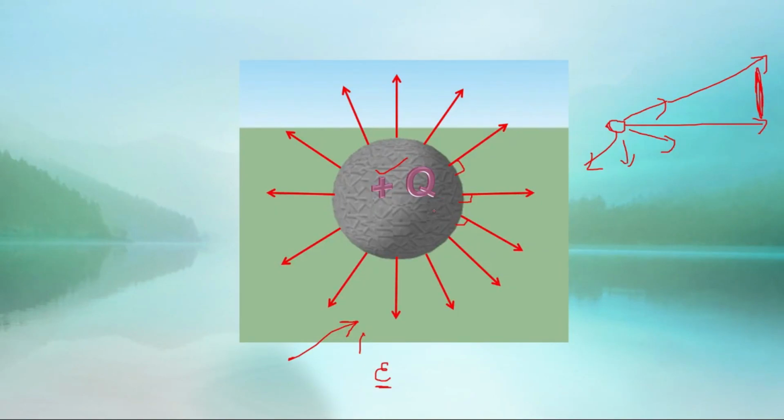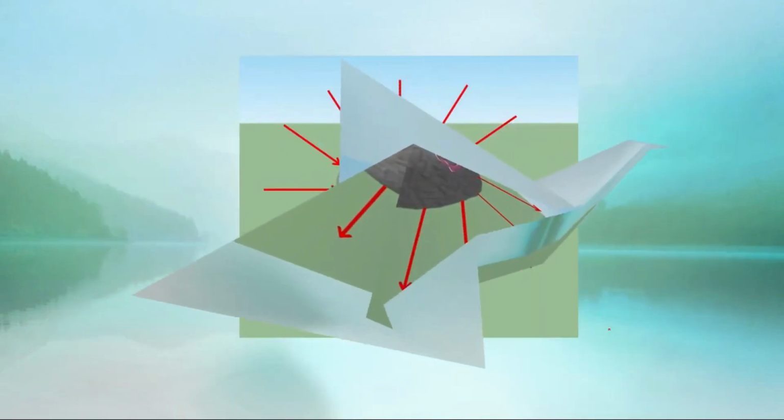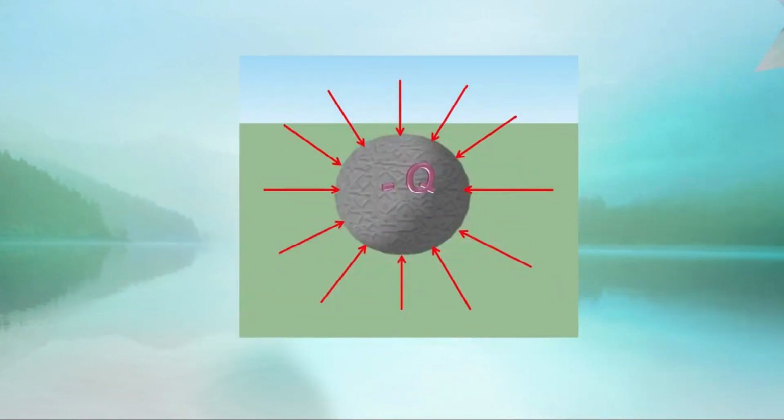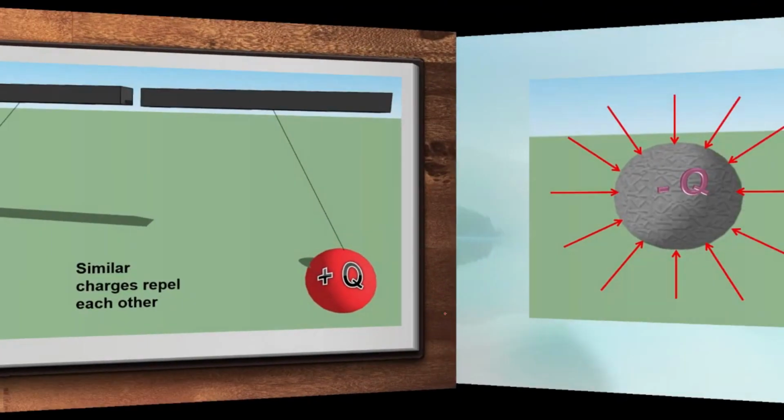So what we have to remember here is, if a positive charge is there, electric field intensity lines will go out, and electric field intensity lines are always perpendicular. If it is a negative charge, the opposite will happen. That means electric force lines will come inward to the negative charge.